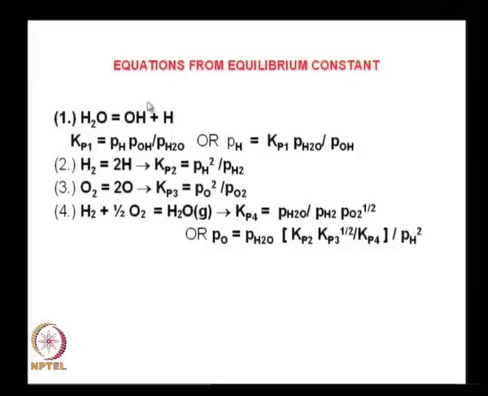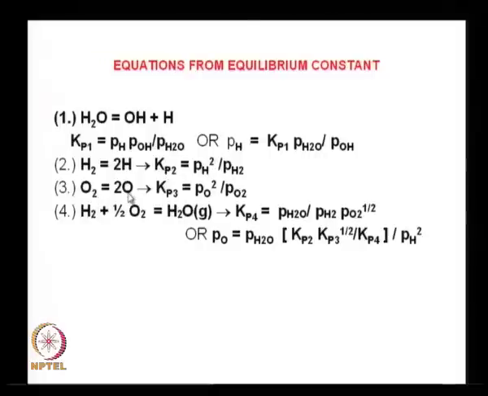Therefore, I use these 4 equations, and for each of these I write Kp1 is equal to POH into pH divided by pH2O, or rather I can write the value of pH in terms of Kp1 into pH2O divided by POH. If I consider the reaction H2 going to 2H, I have the equilibrium constant Kp2 as equal to pH squared by pH2.